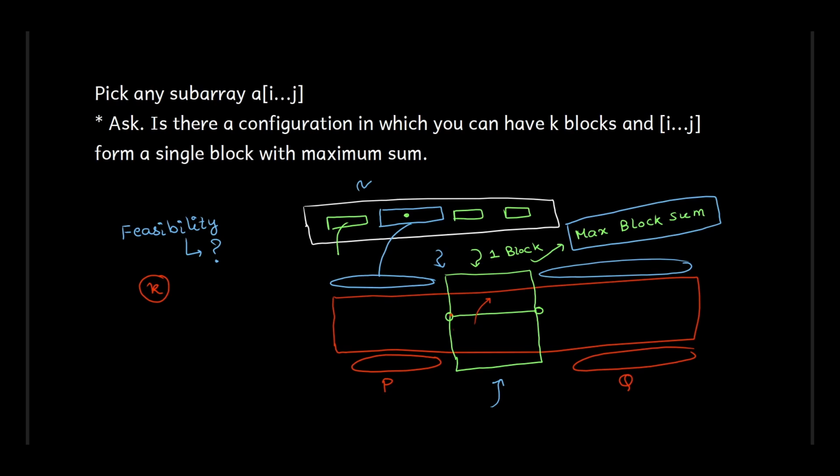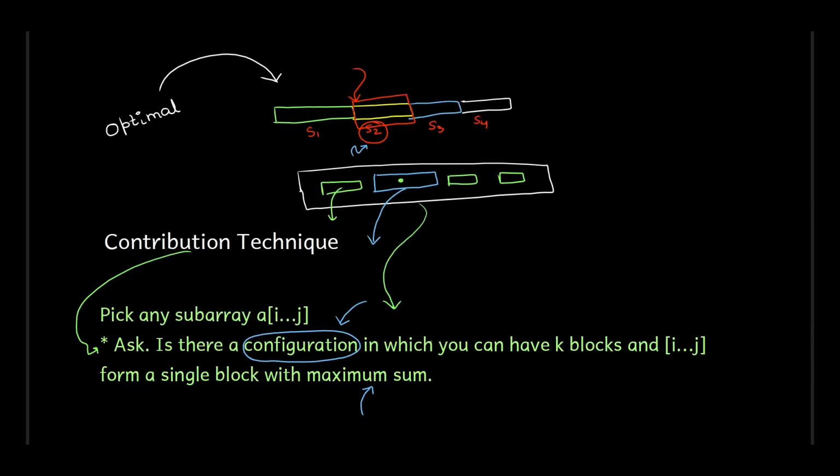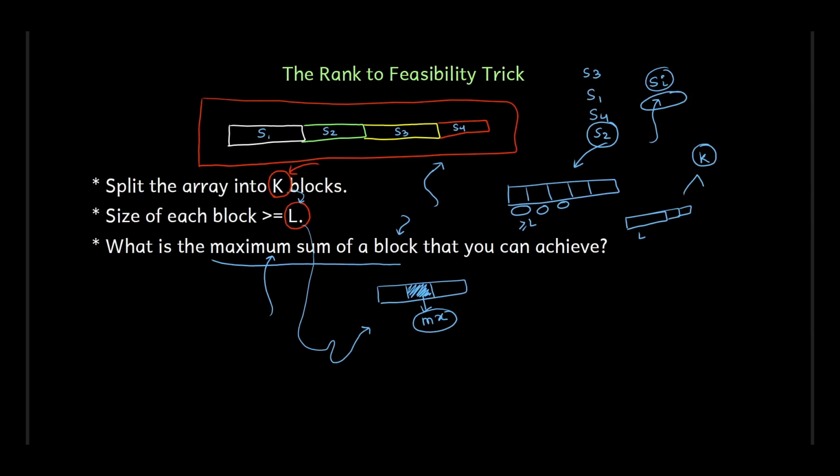On the left hand side, you want to construct as many blocks as possible. So you create the first block with length only L. Why not L plus 1? Because you want to maximize the number of blocks that you can create. Now you might wonder, why are we maximizing the number of blocks?